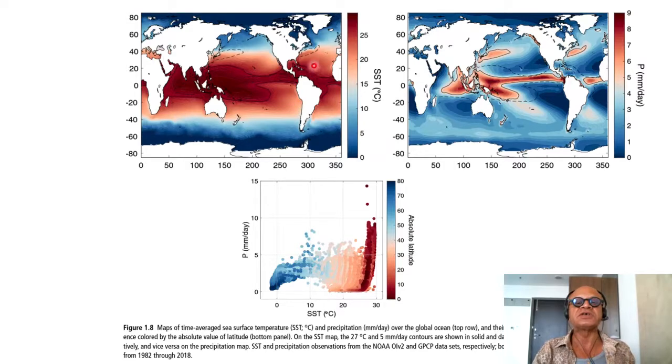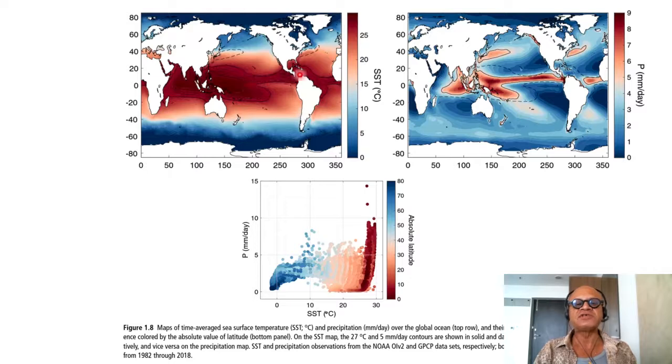So you can see here the relation between SSTs warmer than a certain threshold, which is typically referred to as the convective threshold. Numbers are somewhere around 27, 27.5 and so on.